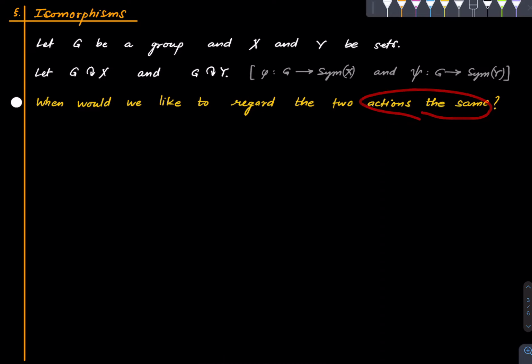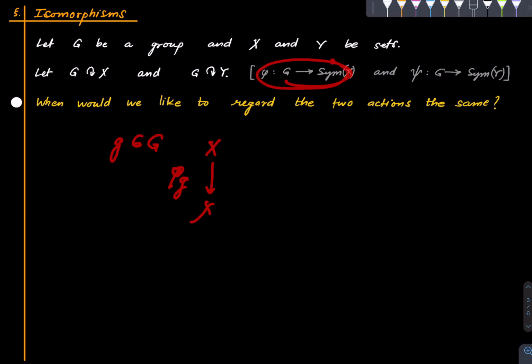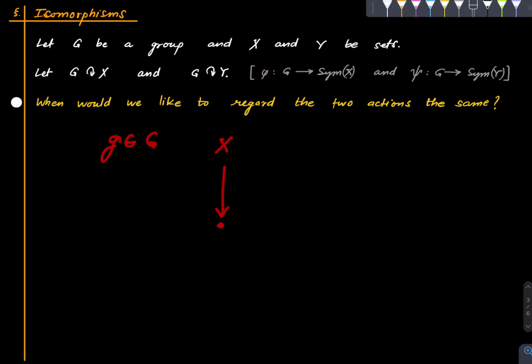Philosophically, what is going on is every element of G permutes things in X, so it induces a permutation which in the above notation is phi of g, and instead of writing phi of g, we will write phi sub g. So for an element g of G, we have a permutation of X, which we denote as phi sub g. We have a permutation of Y, which we denote as psi sub g.